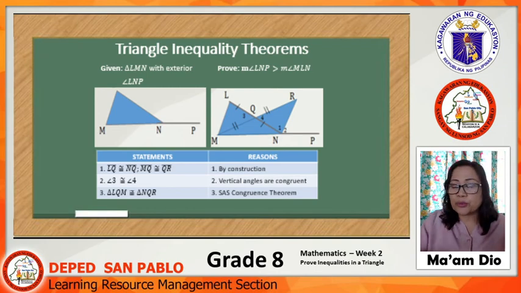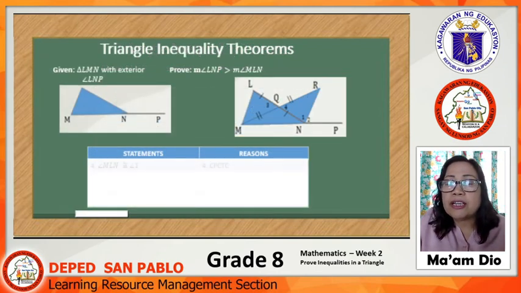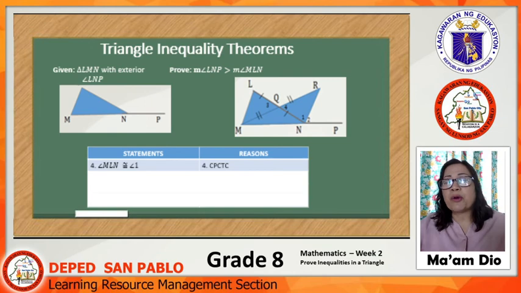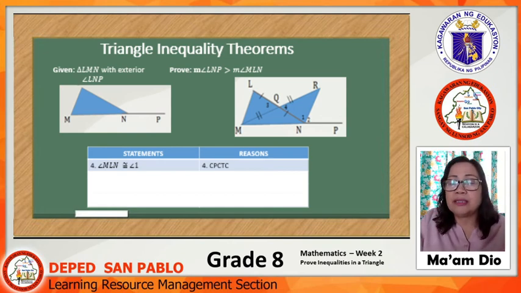If these two triangles are congruent, then their corresponding parts are also congruent, so angle MLN is congruent to angle 1, because corresponding parts of congruent triangles are congruent, or CPCTC. I know you know that already.